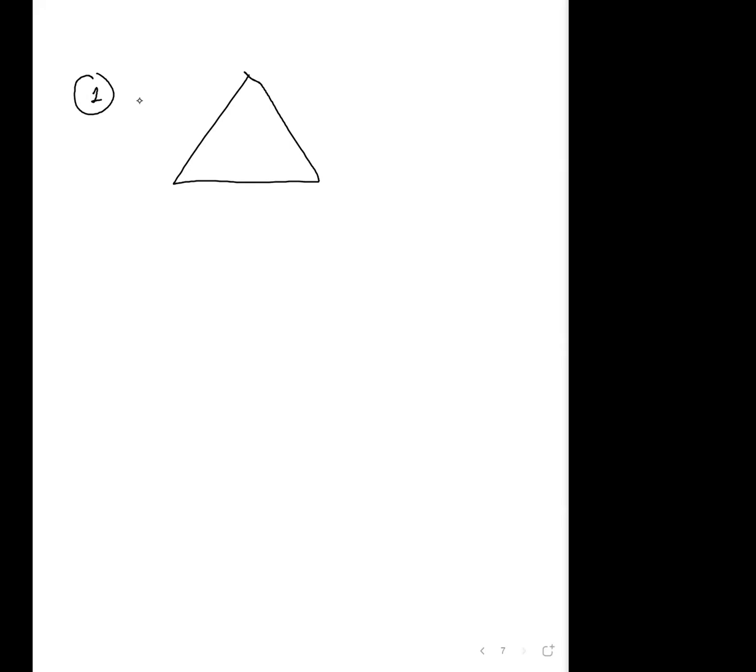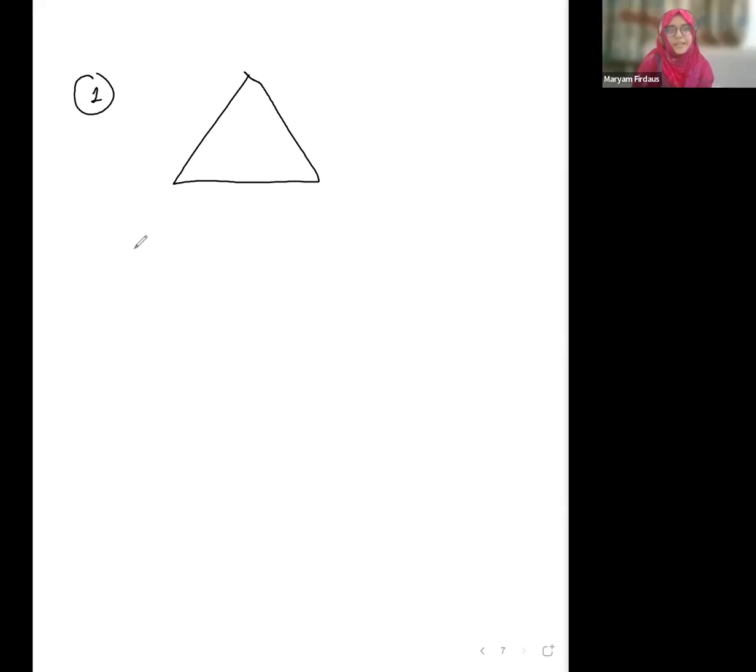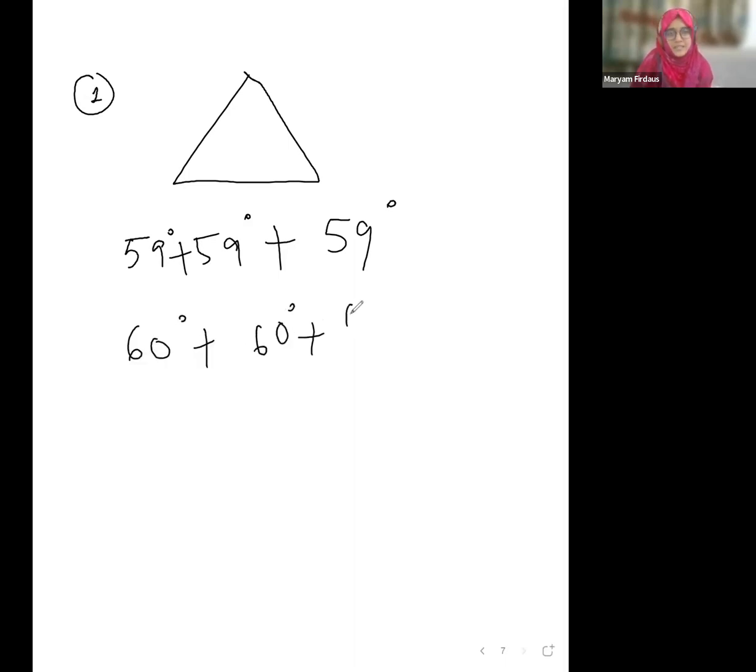Okay. Let's say all three angles are 59, 59, 59. They're all less than 60. Add them up and tell me whether you're getting 180 or is it going to be less than 180? Hiba, you don't actually have to add them. You can see that clearly when we have 60 plus 60 plus 60, you have 180, right? Because 60 multiplied by 3.